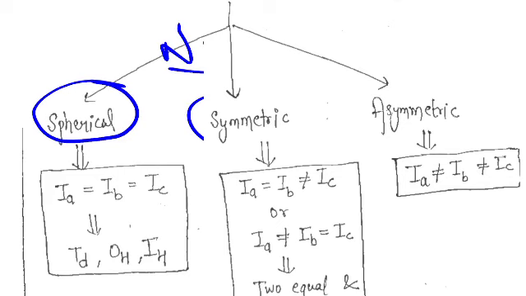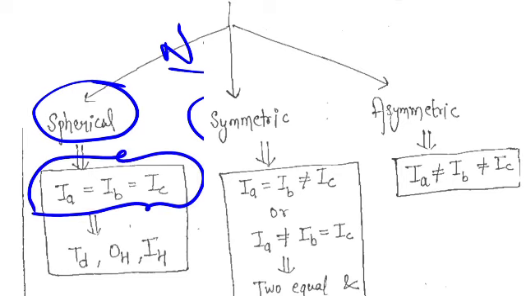Alright, in the spherical rotor, we will discuss and study that there are some molecules which are assumed to be spherical and which are non-linear. They have equal moment of inertia in all three directions, and they are termed spherical.